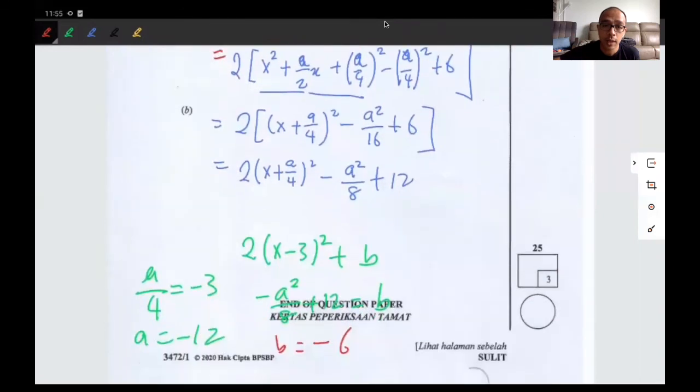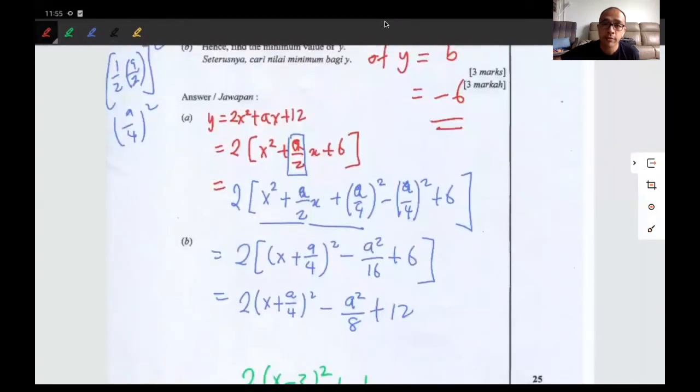A very important skill if you want to master this question is to do completing the square, find the minimum value. This question seems to be quite popular in paper 1. Finding and comparing the minimum value after and before you complete the square.